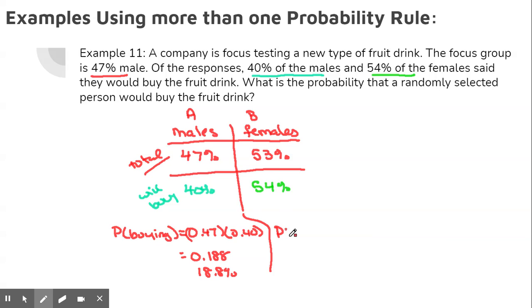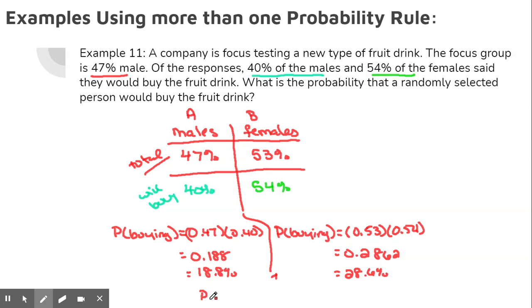And then if we do the probability of buying for the female side, same thing. So 0.53 times 0.54, multiply those two together. That's going to be 0.2862, or about 28.6%. And again, to find the probability that someone randomly is going to buy it, whether we're looking at the males or the females, we're going to add those together.